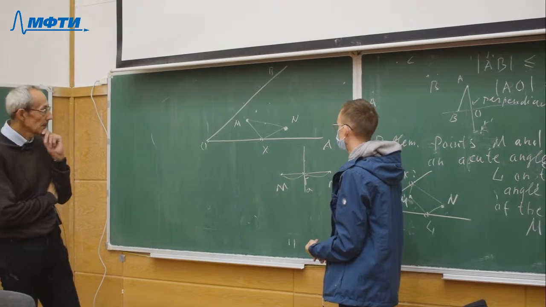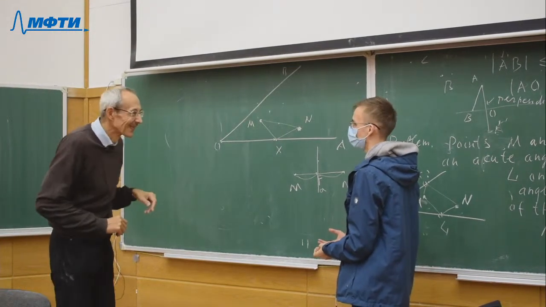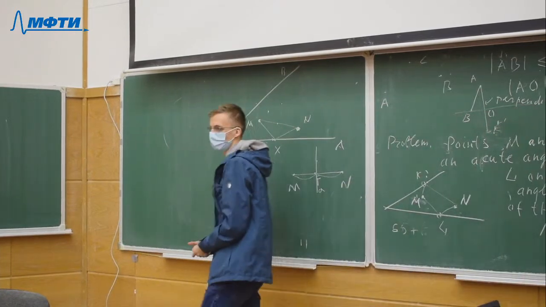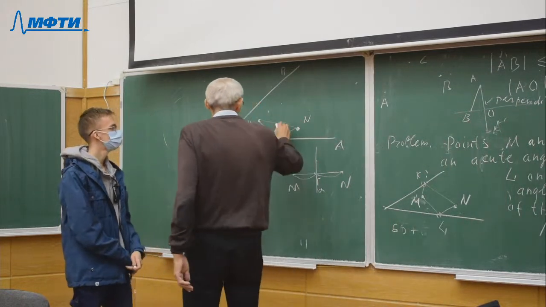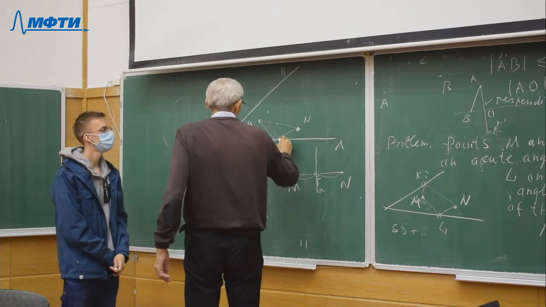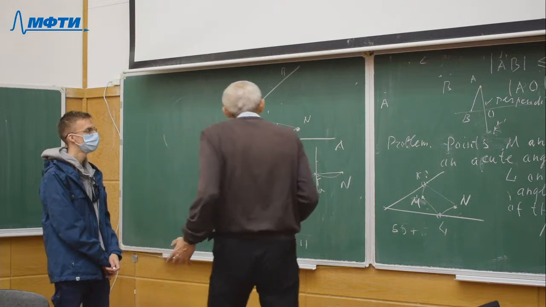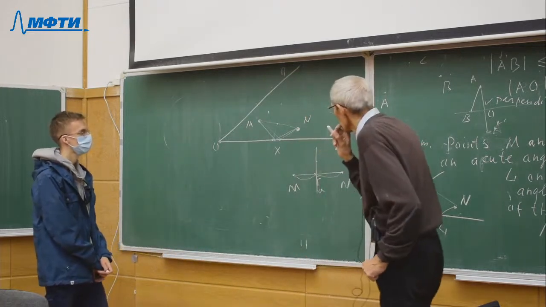And why? I don't know, it seems like when the distances are equal, maybe these distances... Why is this sum greater than this sum? What reasons are there for these inequalities?